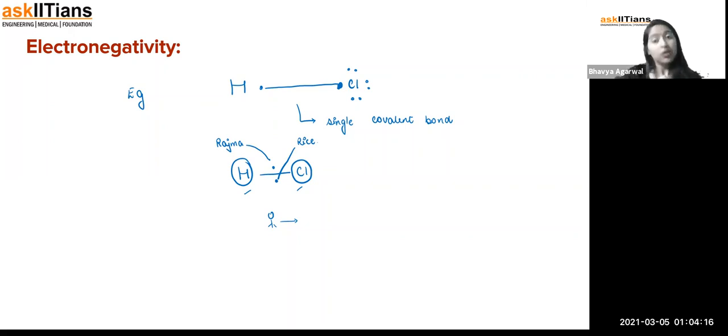Right? Now, what happens when one of the elements is stronger? Let's say chlorine. So chlorine is more electronegative. Since it is more electronegative, it will have a tendency to pull the electrons towards itself. Now, as a result, these electrons, which were previously equally shared between hydrogen and chlorine, are now a little shifted towards chlorine.